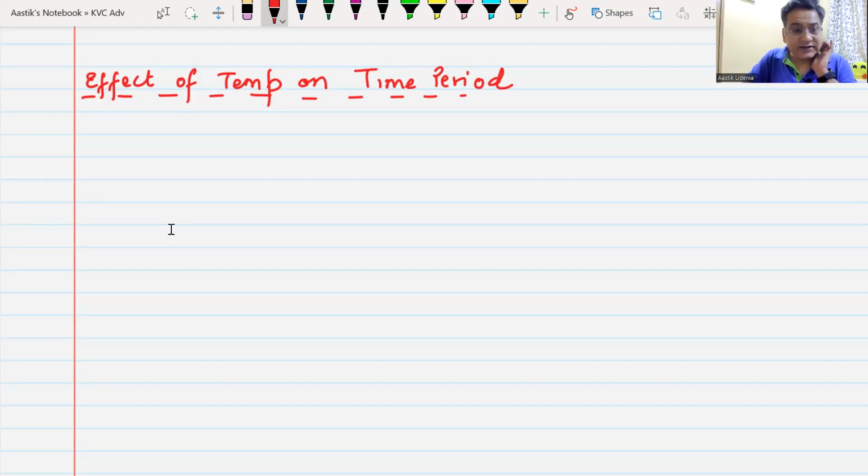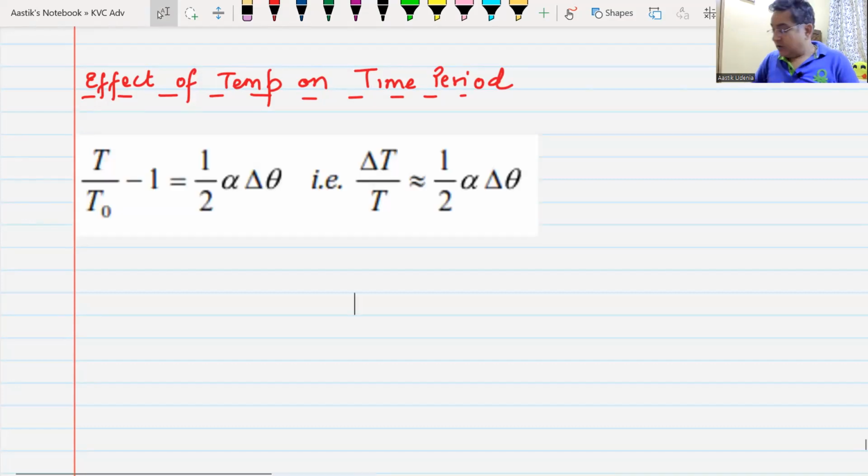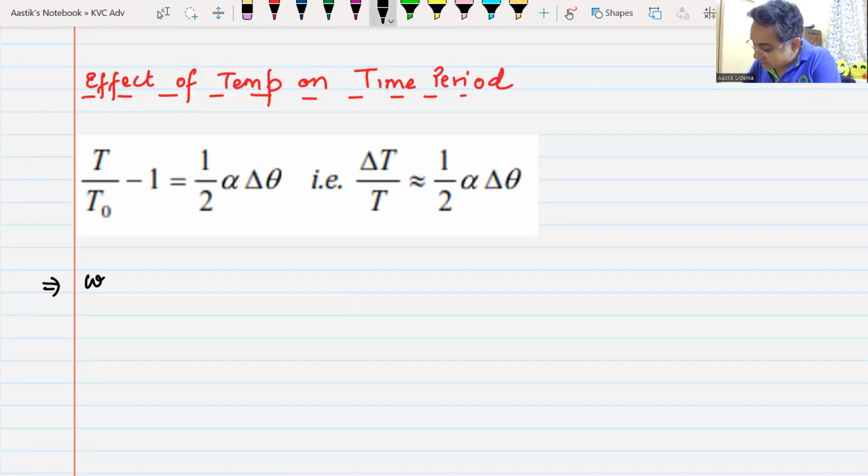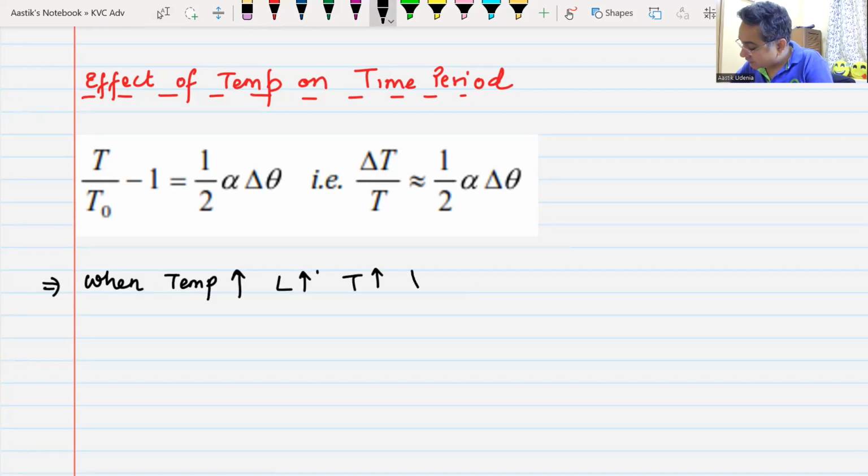So, this is the effect of temperature on this. When temperature increases, time period increases. When temperature increases, length of the pendulum increases, time period increases, and clock goes slow.